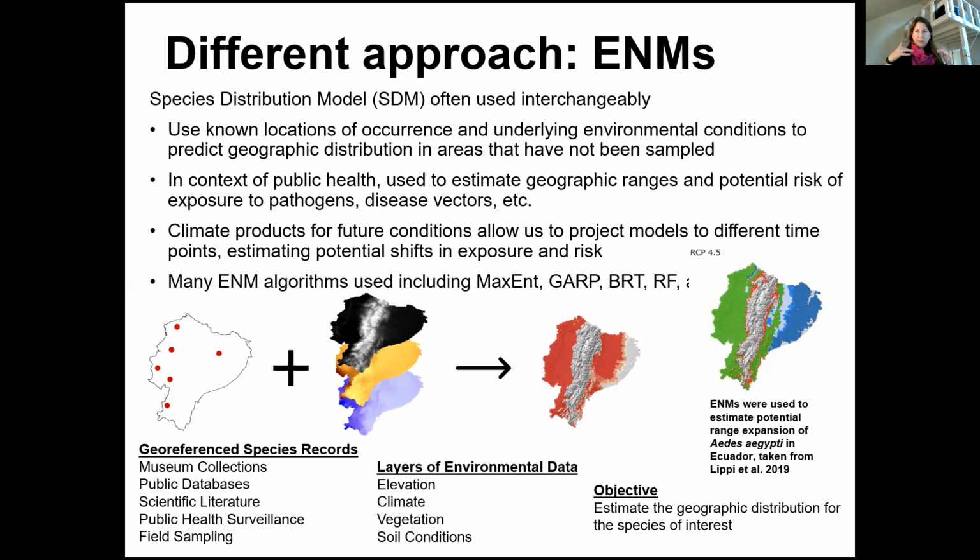You accumulate your layers of environmental data, and you make sure that your grids are all in the same resolution. Then you use your algorithm to describe those conditions to project them to places beyond the sampled locations. There are many methods for validation and for sorting out which models are most appropriate, but these are used widely in the literature at the moment.